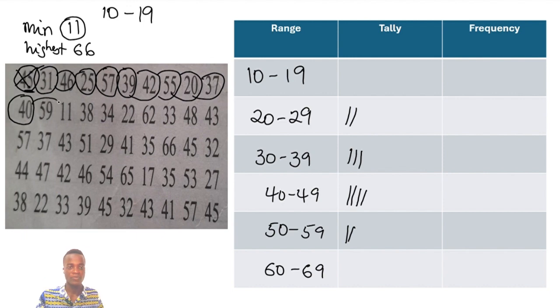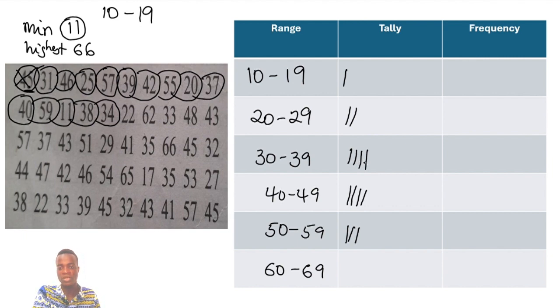So 40 is there. Now we go to 59, which will be here. 11 was the smallest, so it will be here. 38 will belong here. 34 is now here. Now for the next one, we have 1, 2, 3, 4 strokes, right?